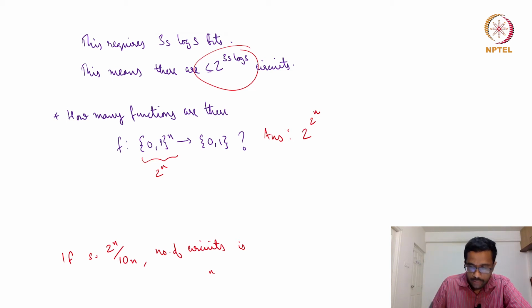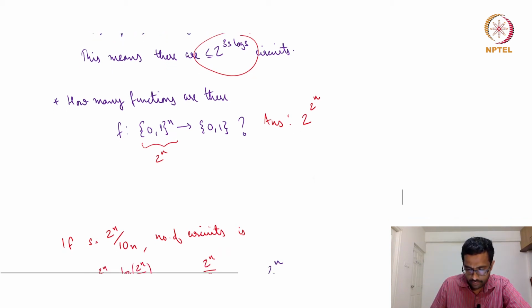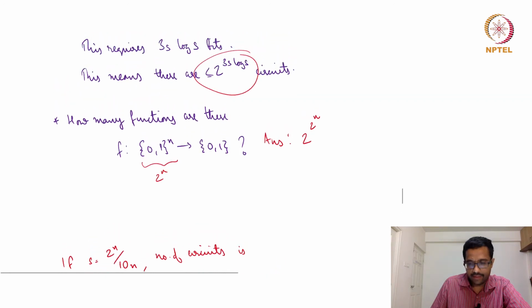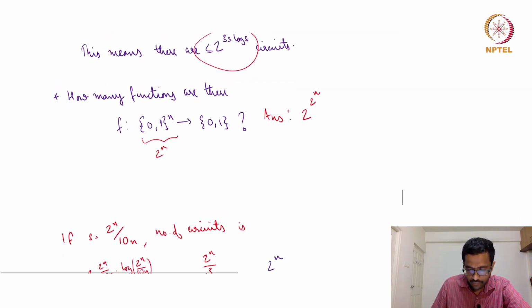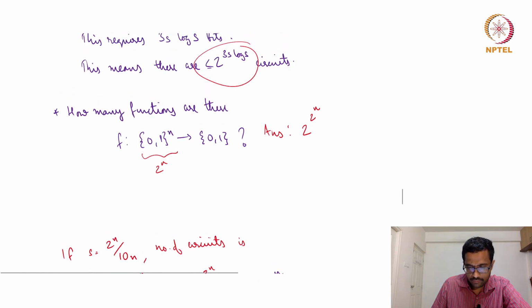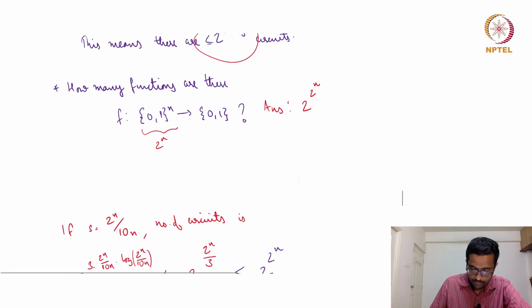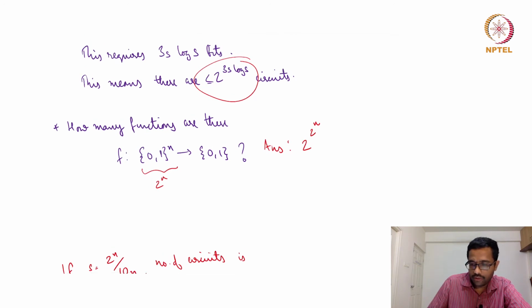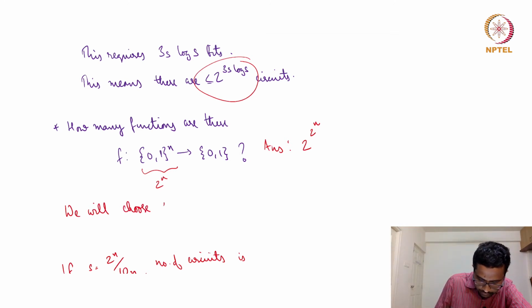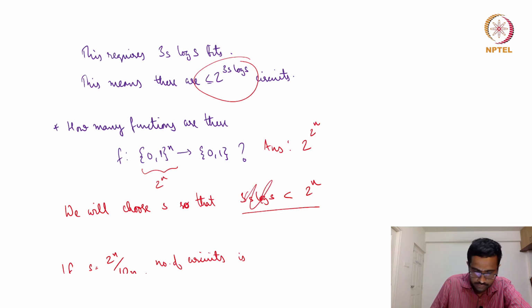So what we have to do is choose S in such a way that 3S log S is smaller than 2 power n. We will choose S so that 3S log S will be less than 2 power n, and this is the key thing.